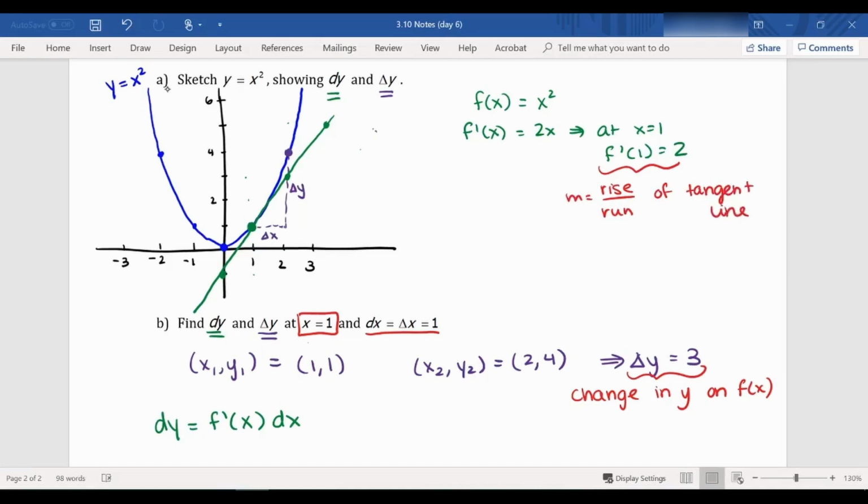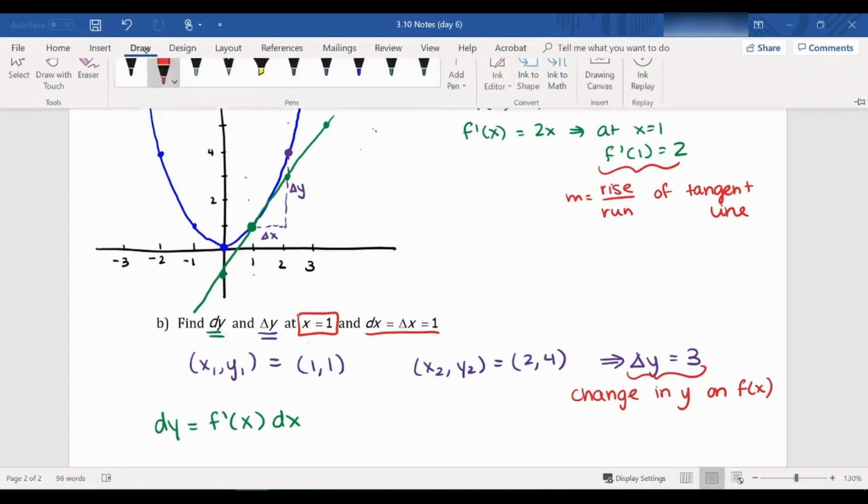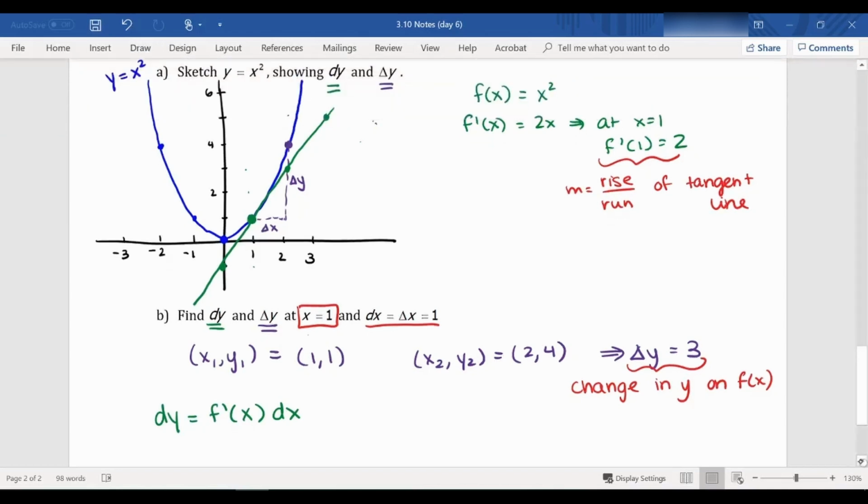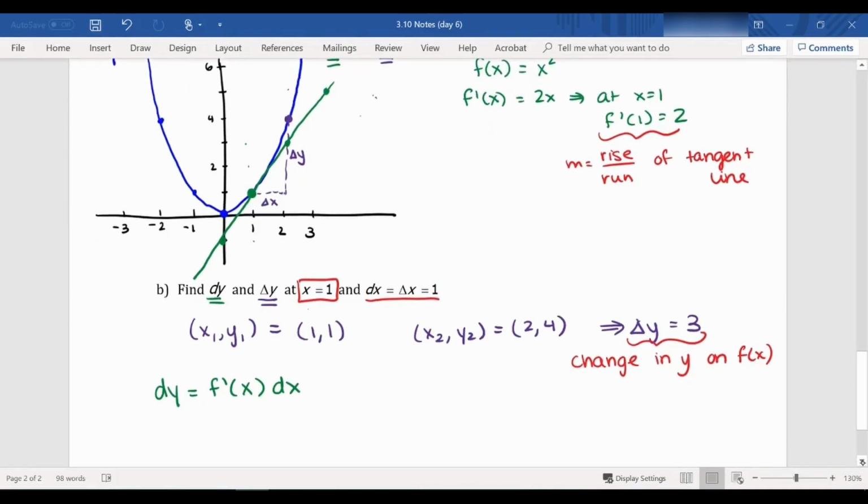Now, as soon as we know our rise over run of our tangent line, since my delta x is 1, and my dx is also 1, I know that my dx is here and my dy is here in green. So you can see your delta y is a little bit bigger than your dy because your original curve f of x is higher than your tangent line. Okay, so we've drawn our picture to show this, but I also know if my m is rise over run, I know that 2 is my rise or my dy over my dx, right?